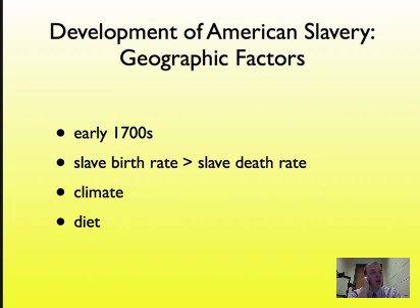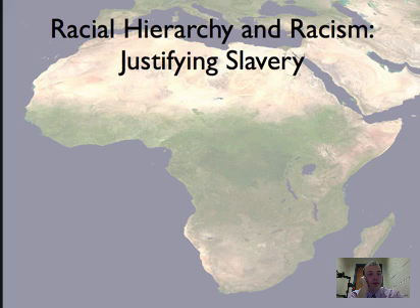African slaves were well suited to the climate of the Caribbean and the American South, unlike maybe some white indentured servants. And the diet that they were given really helps with their survival rate as well. We're not saying that they enjoyed the best food or the most nutritious diet, but it was at least enough to keep people alive.